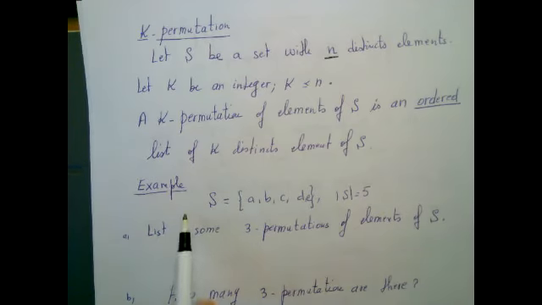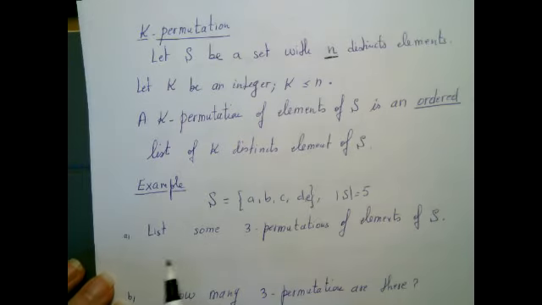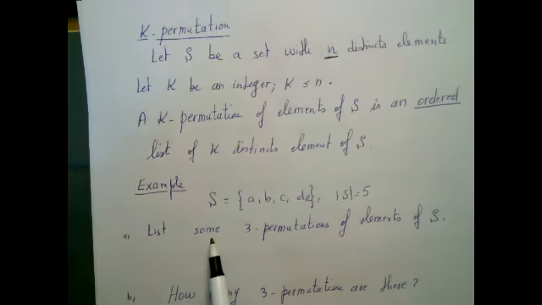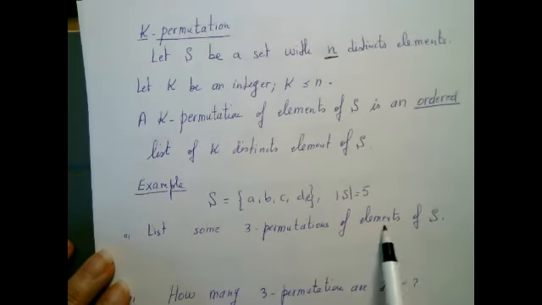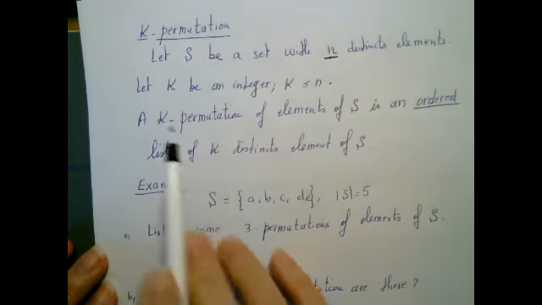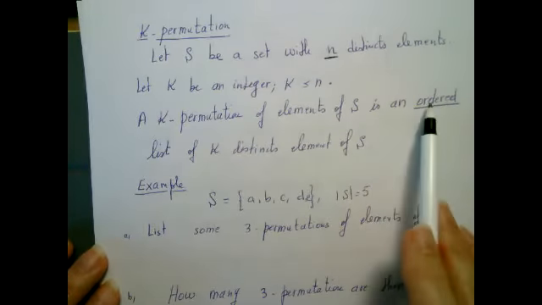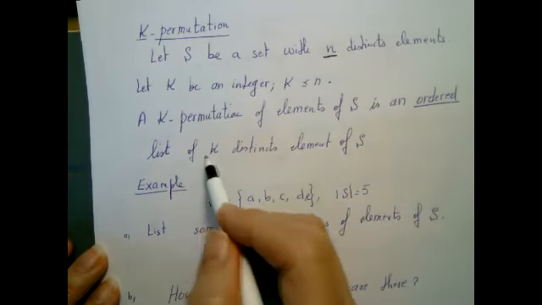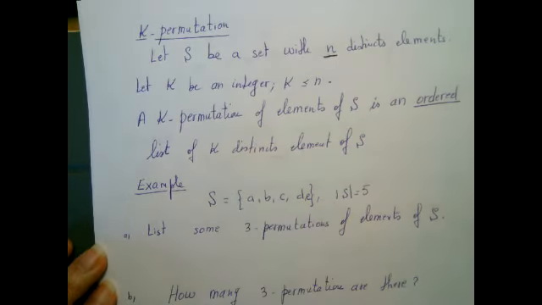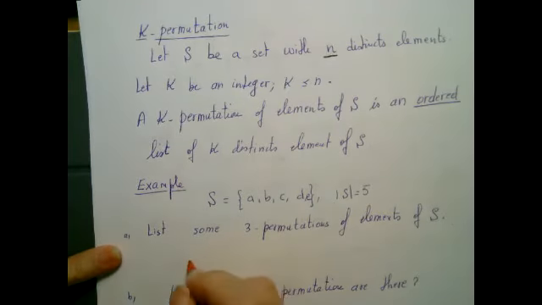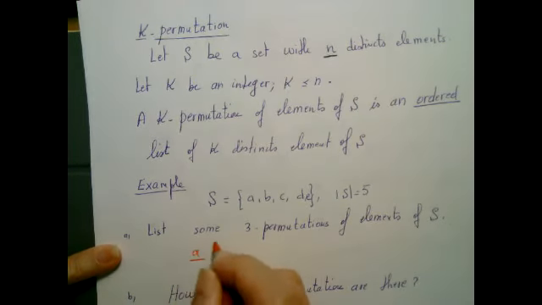So for example, suppose S is A, B, C, D, E. Here the cardinality of S is equal to 5. The question is, list some 3 permutations of elements of S. It means list some ordered list of length 3 of distinct elements of S. So, I can pick A, B, C. That's a 3 permutation.